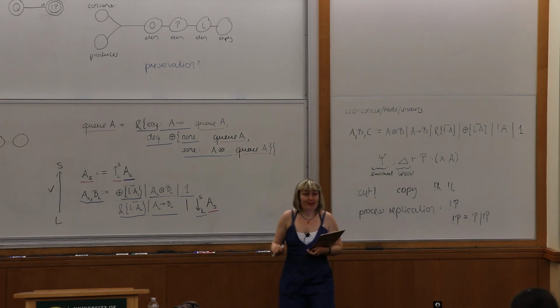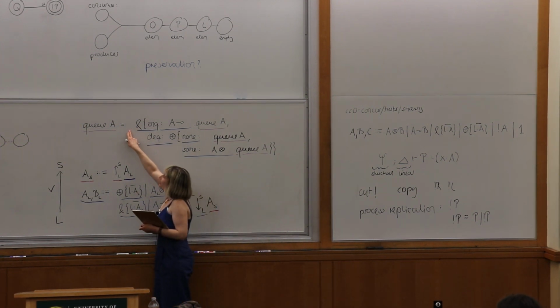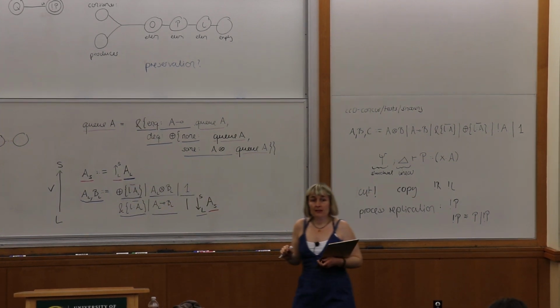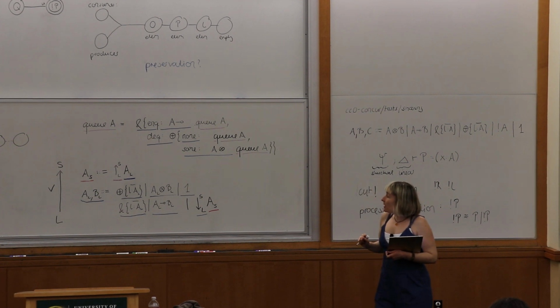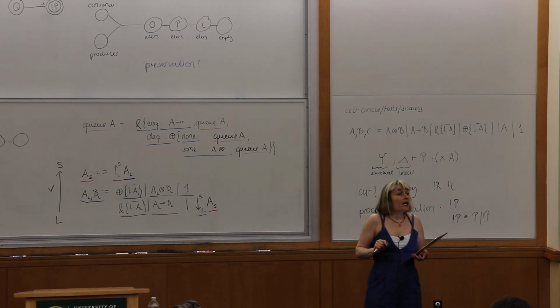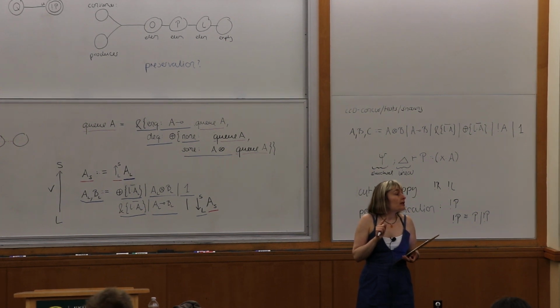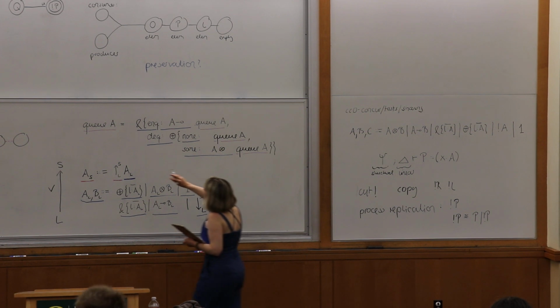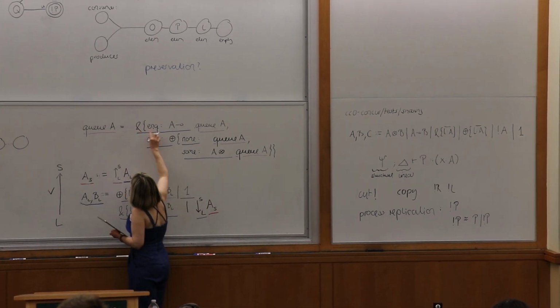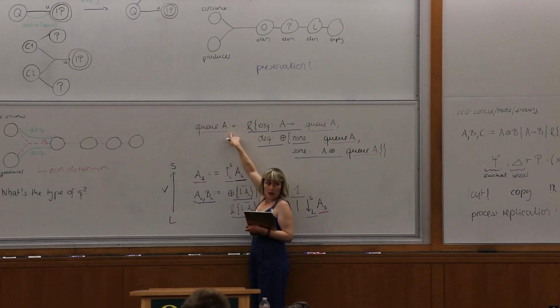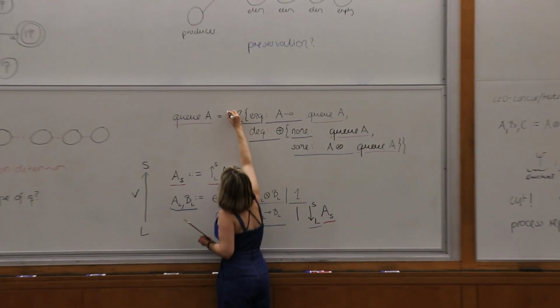Any suggestions? What am I going to put in here? It's up arrow. You said up arrow, right? Because only that way. This is a linear proposition, but at the outset, it has to be a shared one, right? Q A is shared.